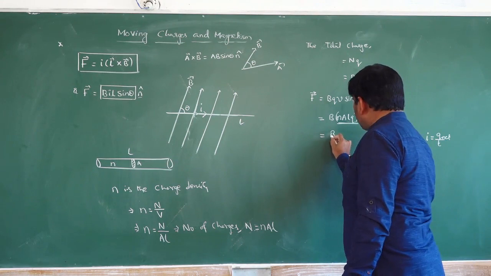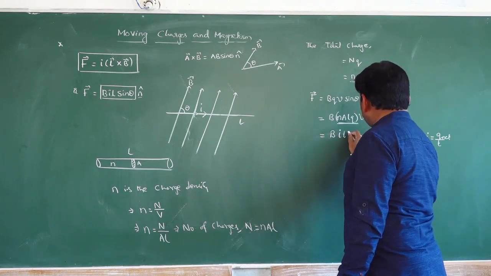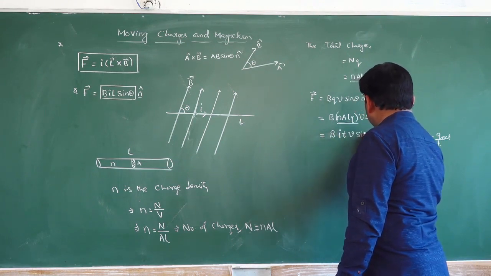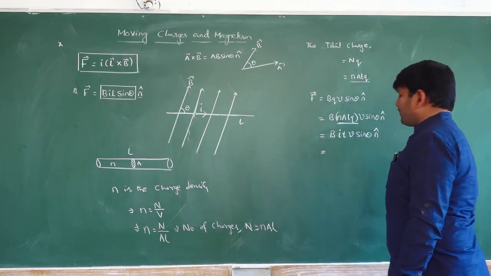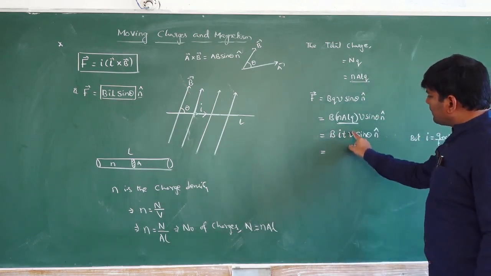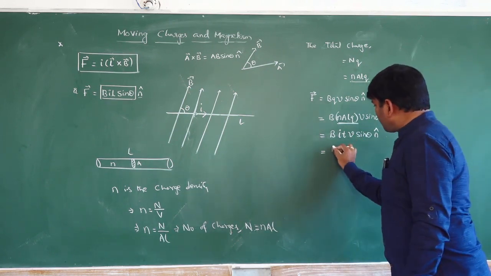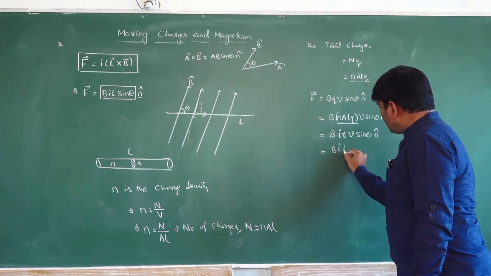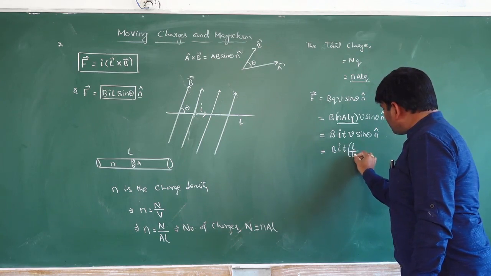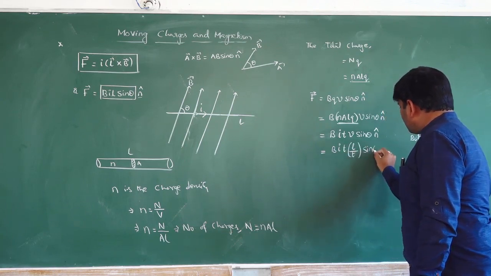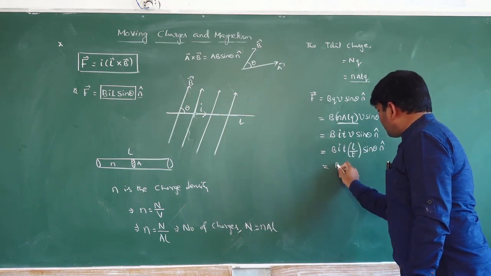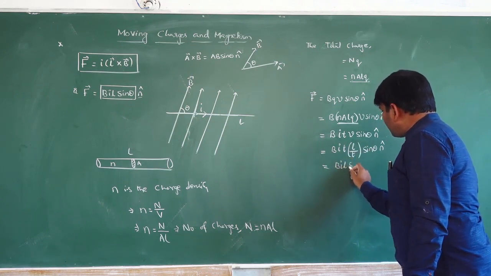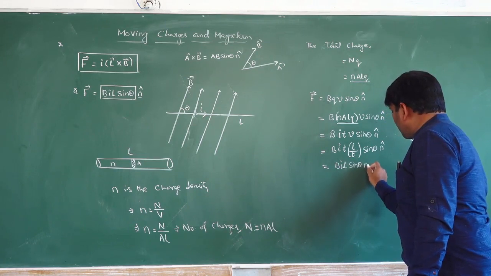Therefore, I can write it as B into I into t into v into sin theta into n cap. Velocity is nothing but distance by time, so I can write it as B into I into t into L by t into sin theta into n cap. The t will cancel, and then I will have BIL sin theta into n cap.